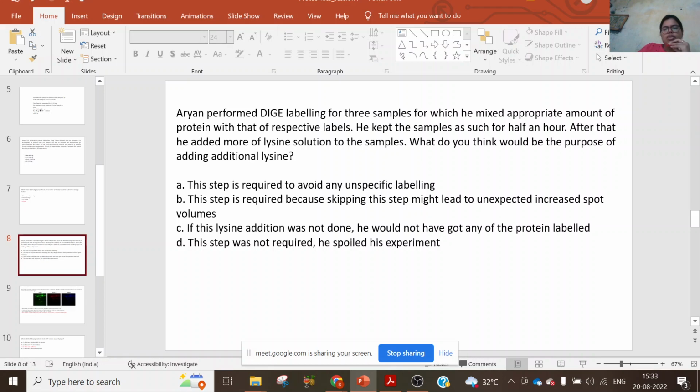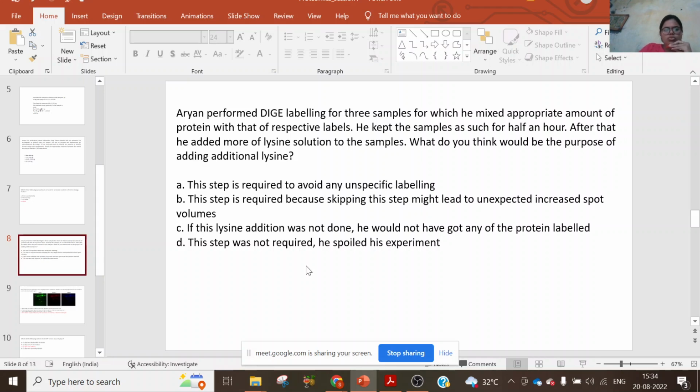This step is required because skipping it might lead to unexpected increased spot volumes. Correct. So you are correct that lysine helps in avoiding any unspecific labeling during your DIGE experiment. You can also refer to, I guess, the second video of week 4 for this.